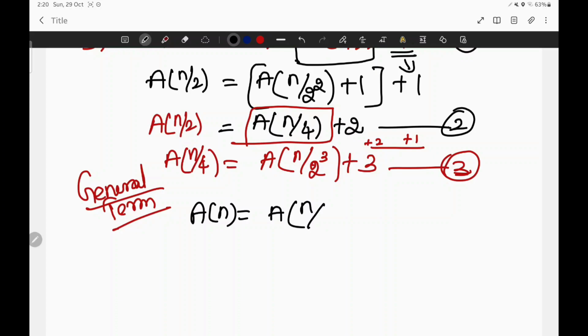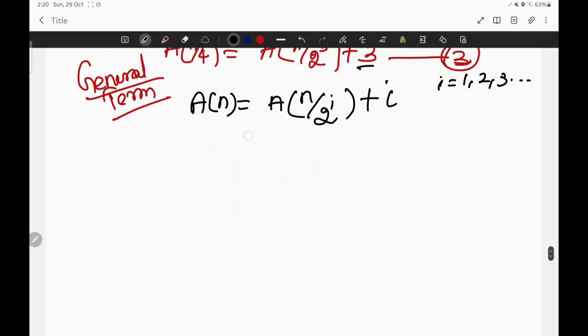So we write it as 2, and the power can be represented using the variable i, where i is 1, 2, 3, etc. Therefore A of n by 2 to the power of i plus i. 1, 2, 3 is the continuation, which can be represented as i. So this is the general term of the recurrence relation.